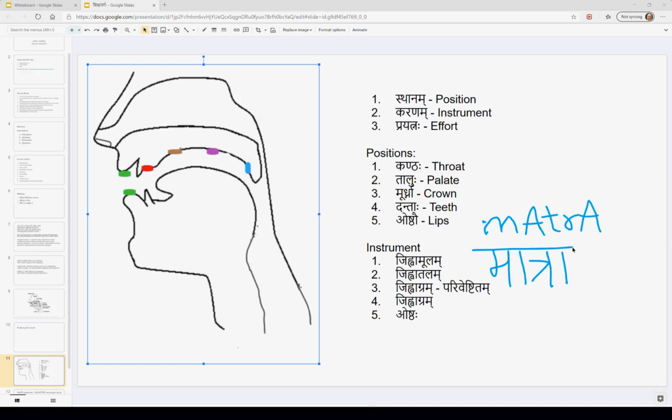The crow cooing is 2 matras. And the other one, 3 matras, was for the peacock. The peacock, obviously, when it is happy, dancing in the rain, is going to make a long sound. But in the normal state, the sound it makes is comparable to 3 matras. That is what has been given.